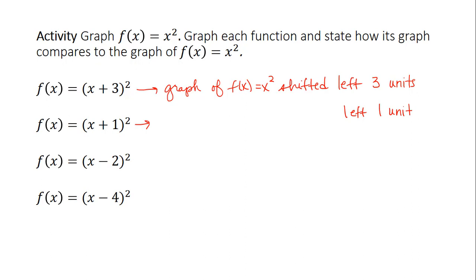And then y equals the quantity x minus 2 squared is a graph of f of x equal to x squared shifted right 2 units. And then y equals x minus 4 squared is a graph of f of x equals x squared shifted right 4 units.